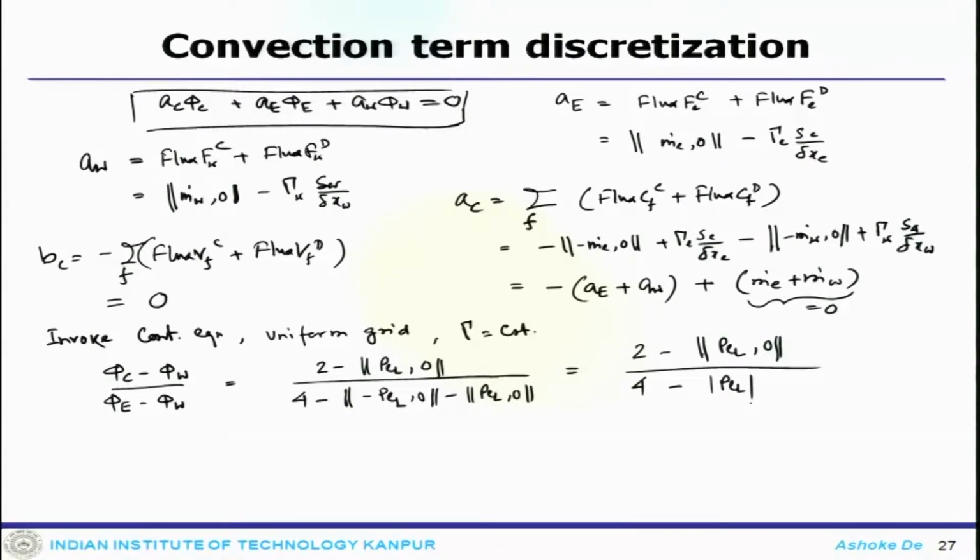Now, if you plot this equation, it is quite obvious. If Peclet number goes to 4, this denominator becomes 0 and the whole solution becomes unbounded.